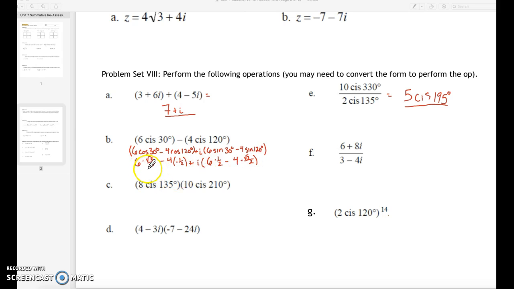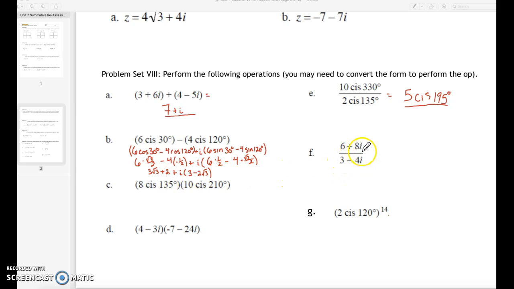So 6 divided by 2, that's going to be 3 root 3, minus 4 times negative 1/2, so that's plus 2, plus i times 3 minus, I suppose there you're going to have 2 root 3. Okay, so we have 3 root 3 plus 2 plus i times 3 minus 2 root 3. Just going to leave that right there.